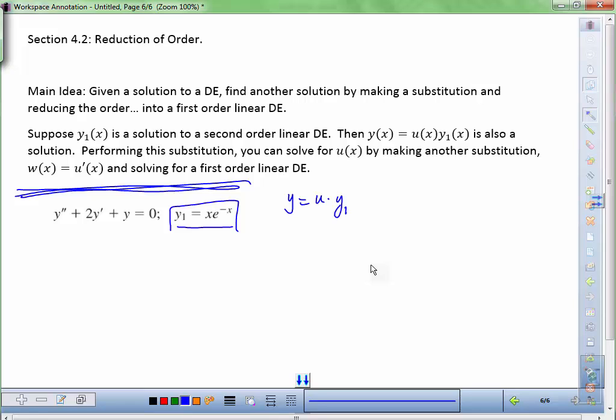I just forgot how to do this. Oh my gosh. Oh, man. Blank.